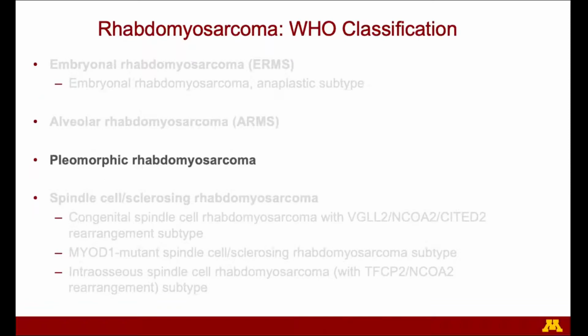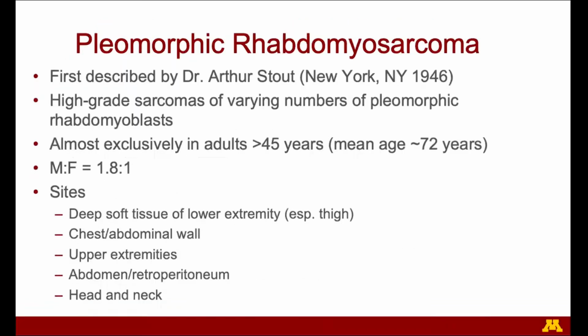The third group is pleomorphic rhabdomyosarcomas. Pleomorphic rhabdomyosarcoma was described by Dr. Stout in 1946. These are high-grade sarcomas of adulthood with numerous pleomorphic rhabdomyoblasts.